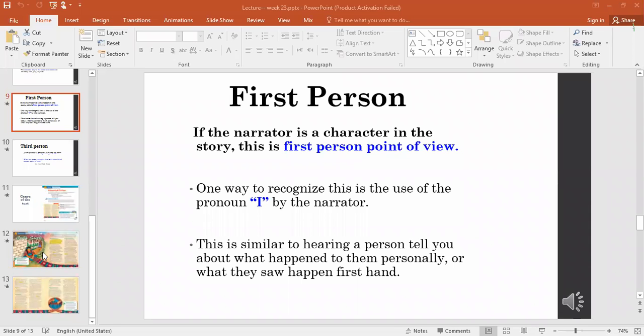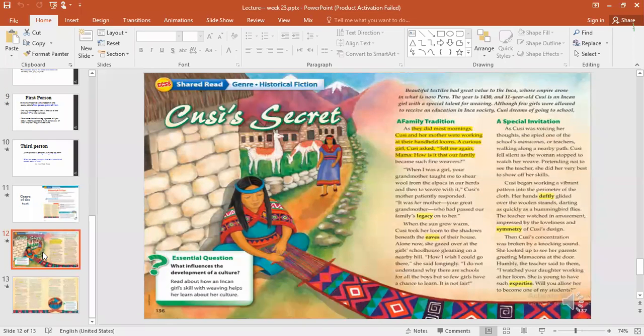Okay, yesterday we started with the text, we started reading, and we reached till, I guess, a special invitation, right? Yes, miss. It's like the last paragraph when the teacher asked her parents to allow her to go to school or to become a student, right?